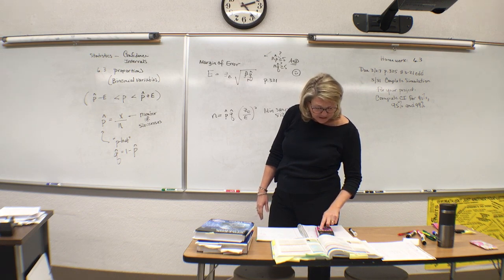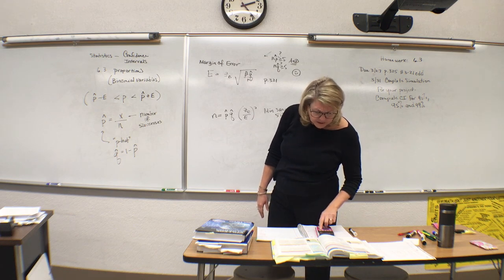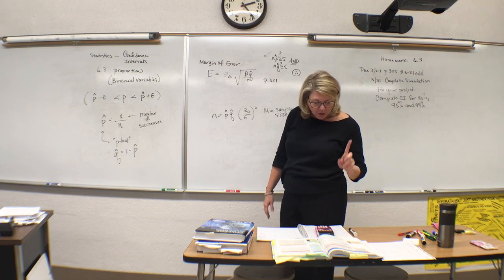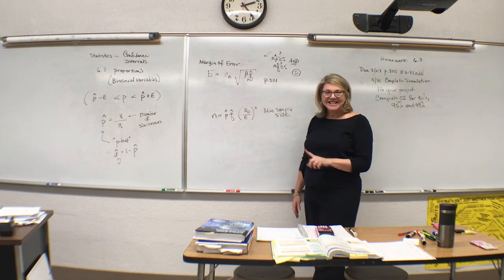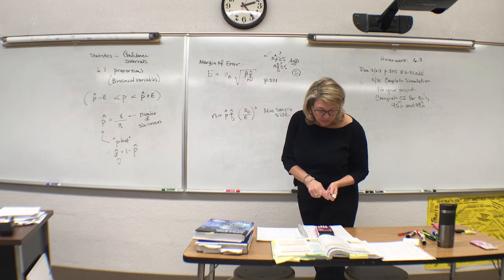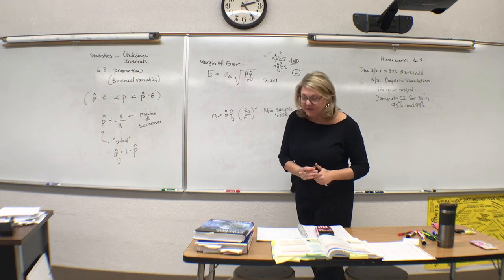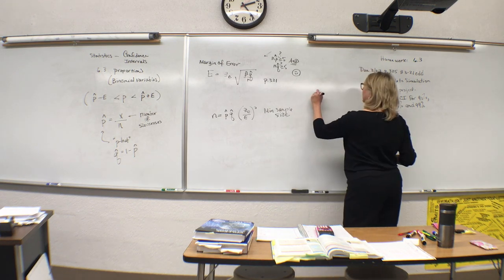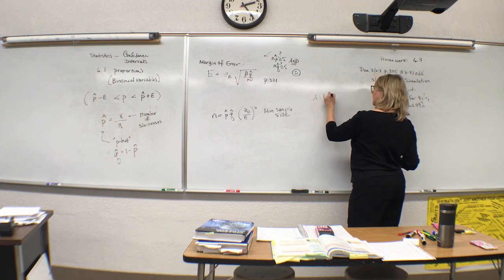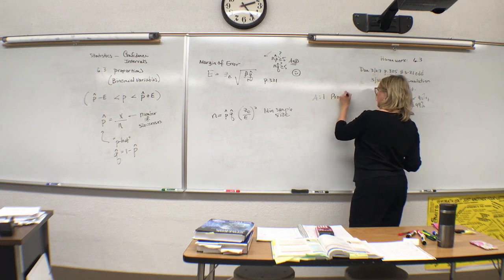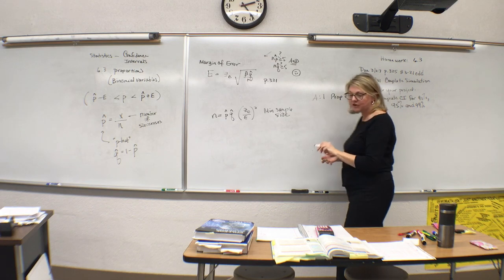You have to find item number, I believe it has a letter actually, A. Yeah, it's A. It's 1 proportion Z interval. This is item A. One proportion Z interval.